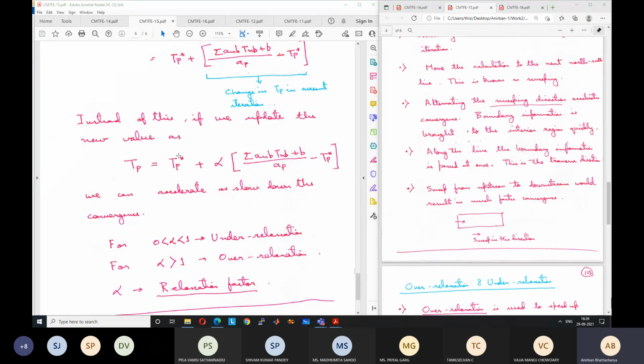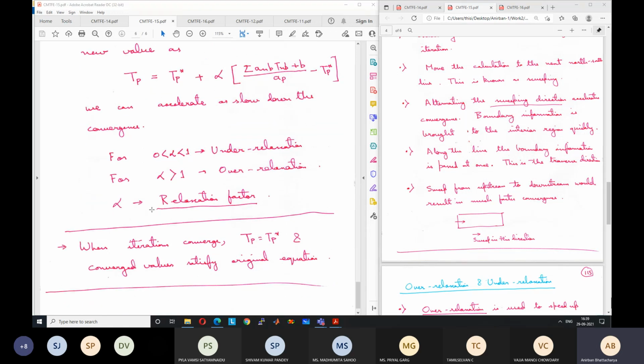At the limit, TP star will not change at all, meaning the next iteration value will be very, very near to TP star. So theoretically, when we achieve convergence, TP is equal to TP star, and the converged value satisfies the original equation. So whatever the alpha value is does not matter, because ultimately at the converged condition, TP will become equal to TP star. The converged value is still correct, whatever value of alpha you take.